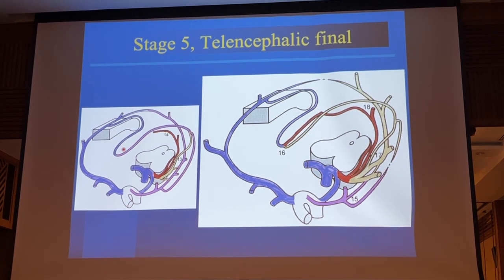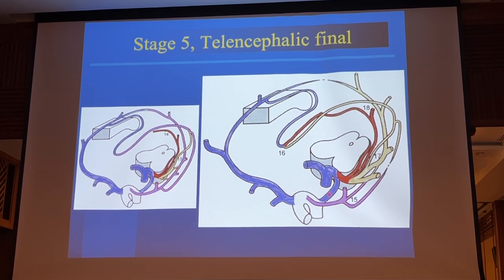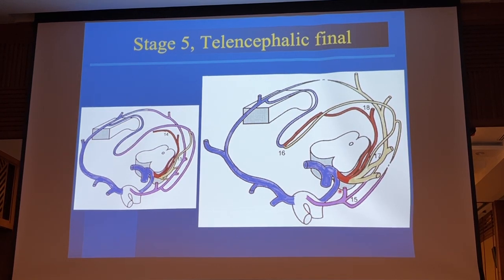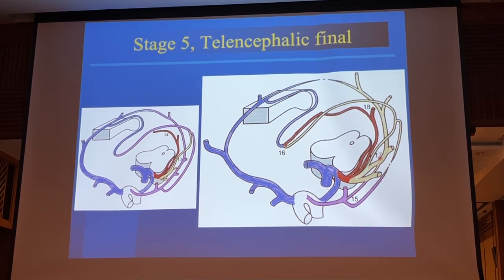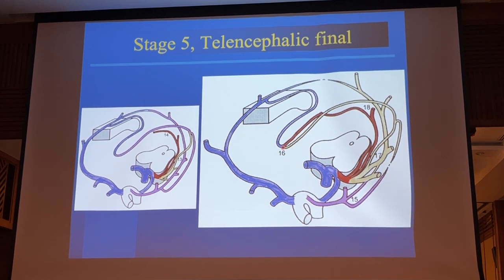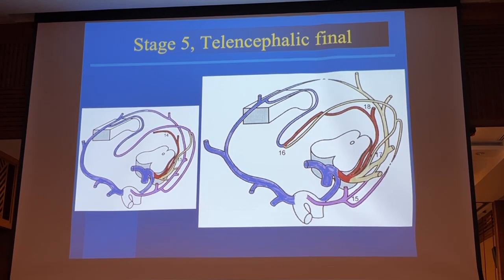From stage 4 to stage 5, now most of the anterior choroidal artery territory, which is supposed to be a large territory, telencephalic as well as choroid plexus area, is taken over by the lateral posterior choroidal artery, which continues to go to the interventricular foraminal region, connecting with the developing medial posterior choroidal artery.